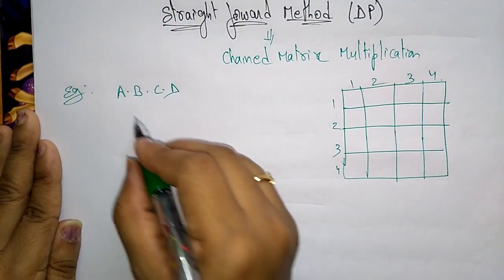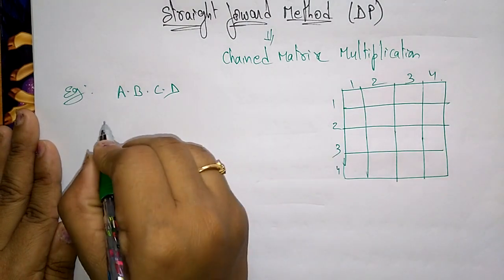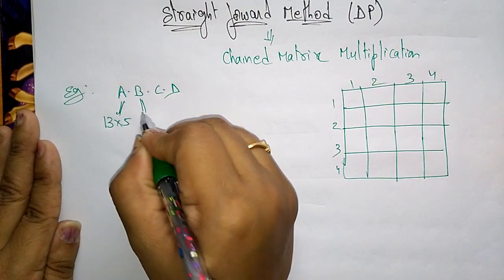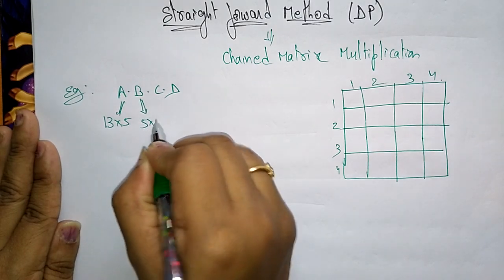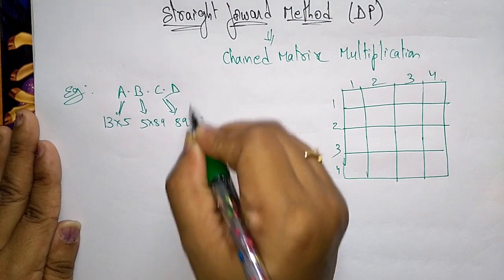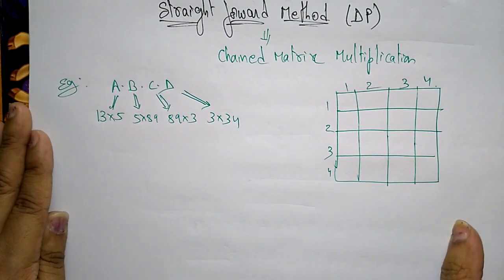The sizes: A is 13 by 5, B is 5 by 89, C is 89 by 3, and D is 3 by 34. So these are the sizes of the matrices.